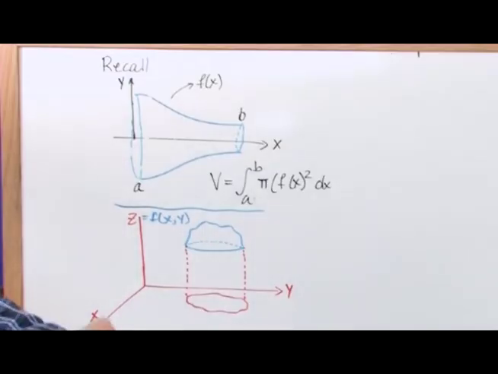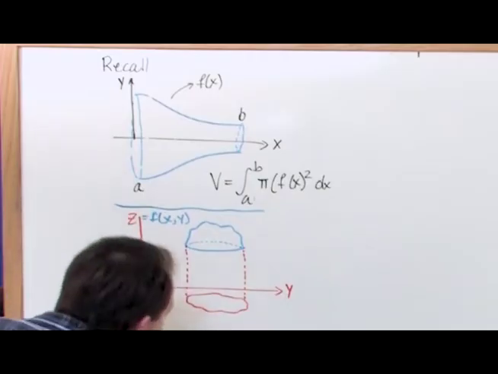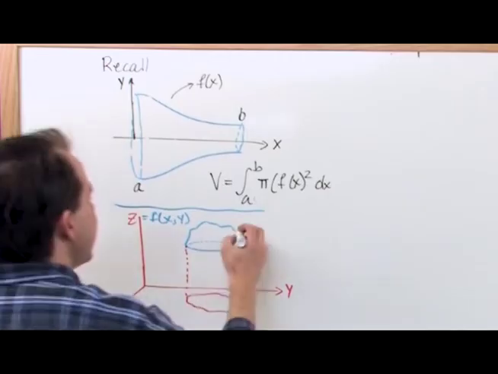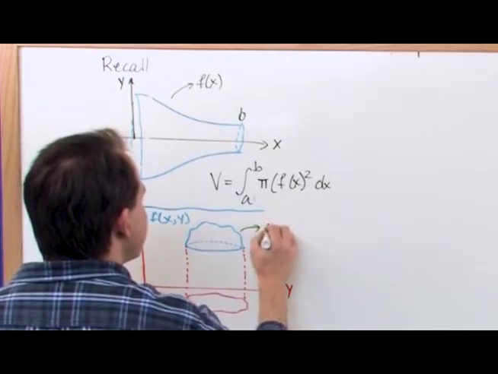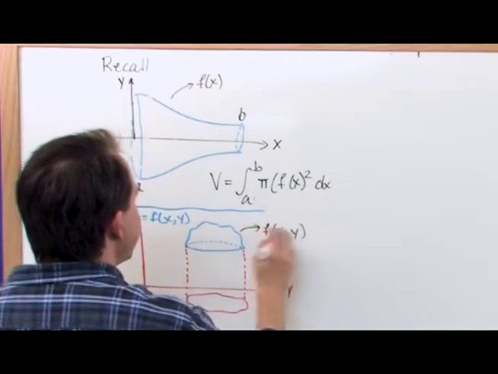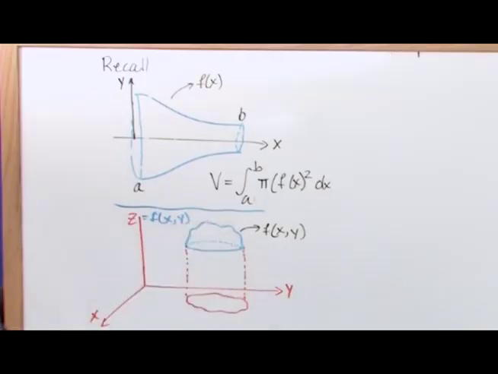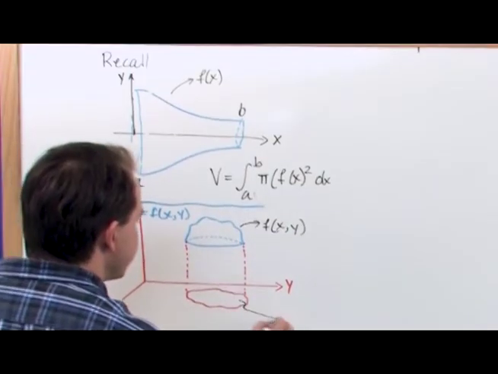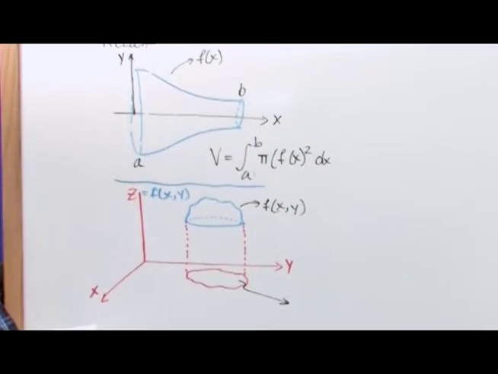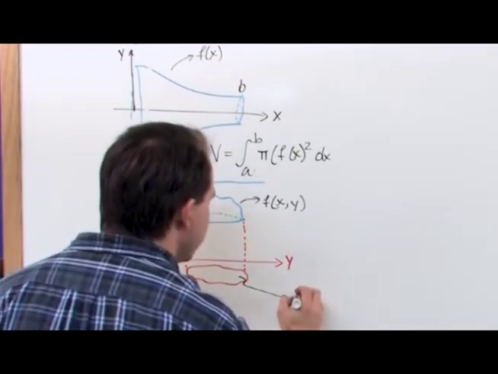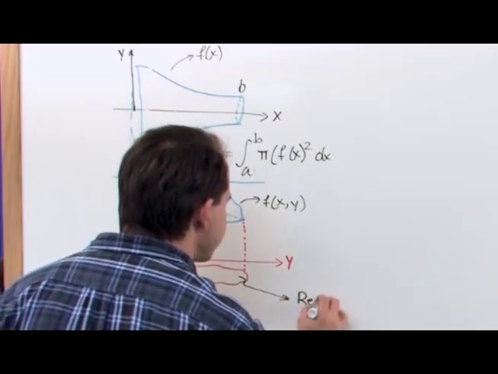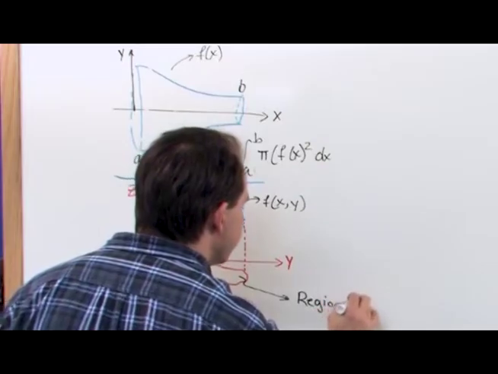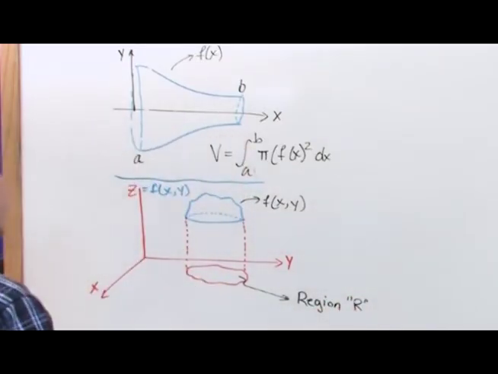Let me do some labeling and tell you where we're going with this. This function is a function of x and y, and that defines the top here. This part down here, the projection on the xy plane, is very important. It's called the region R. I'm going to refer to this region R through the entire lecture.